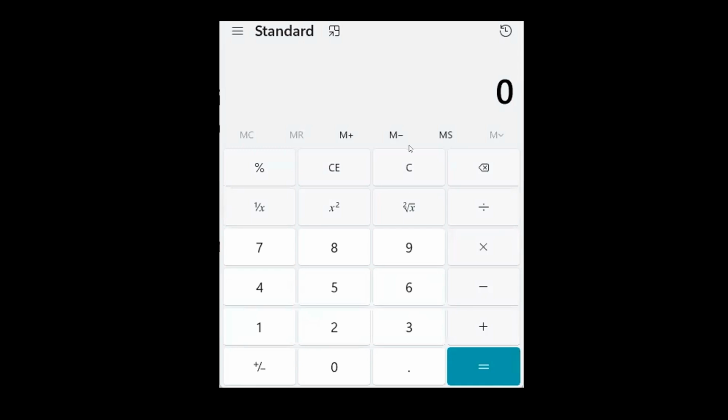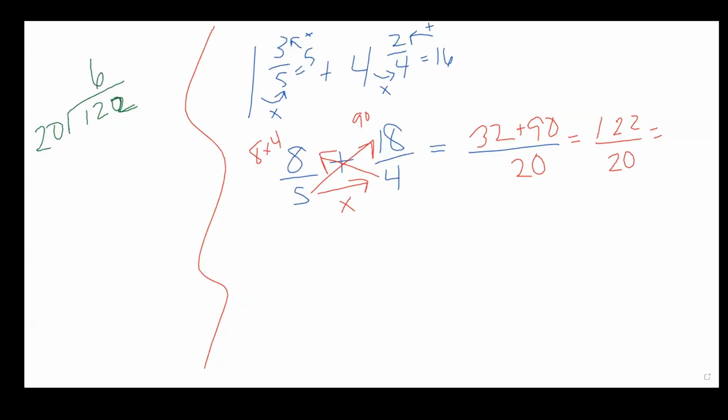If we do 122 divided by 20, you see how we have 6.1? Well, we know that our whole number is 6. So that's going to be the value that goes up top, and that's going to be my whole number.